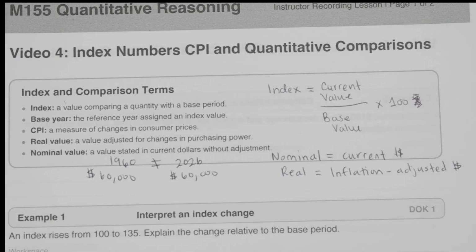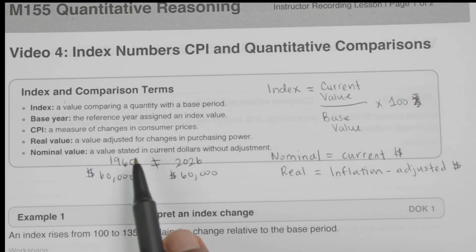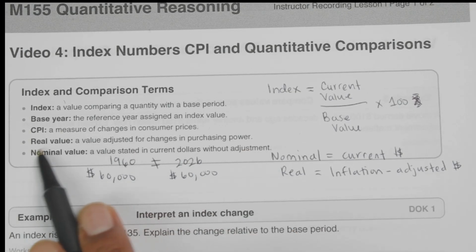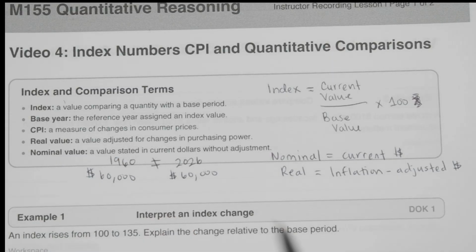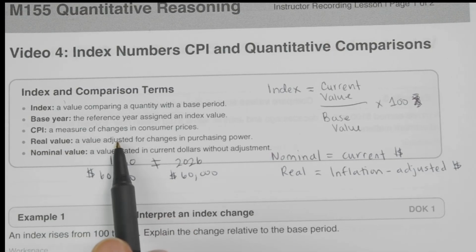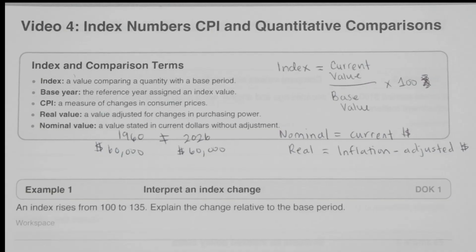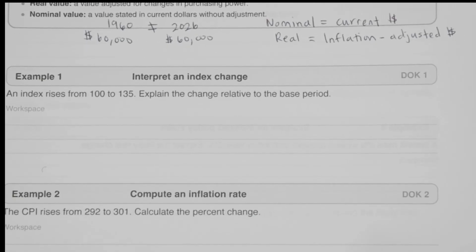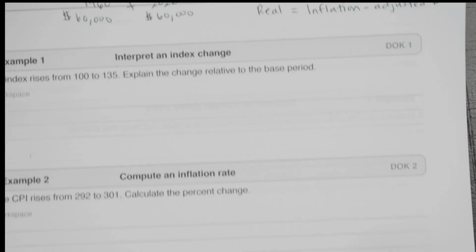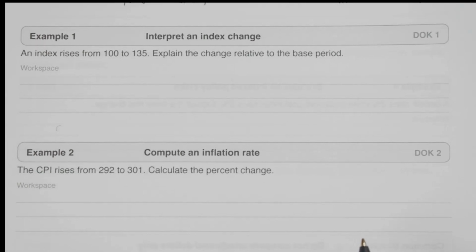Very important that you understand that. A value stated in current dollars without the adjustment, that's the nominal value, what it is on paper, versus the real value, a value adjusted for the changes in purchasing power. Again, $60,000 today is not logically equivalent to $60,000 back in 1960. That's the big idea.